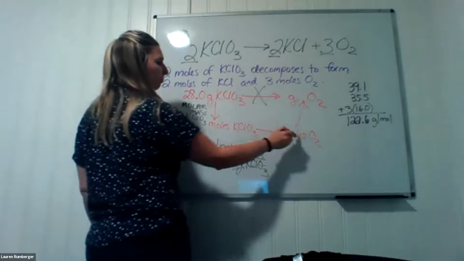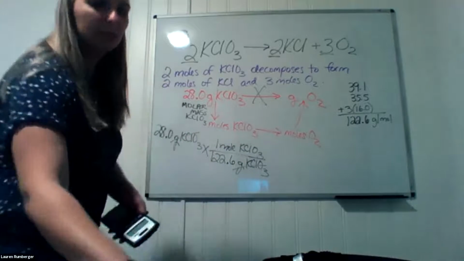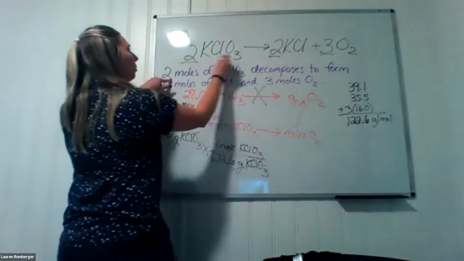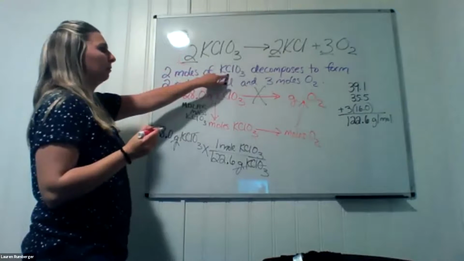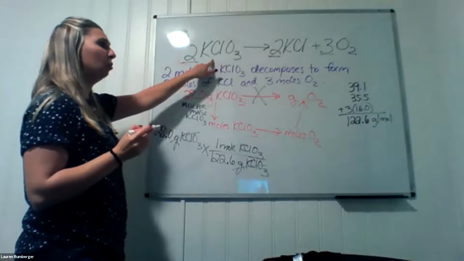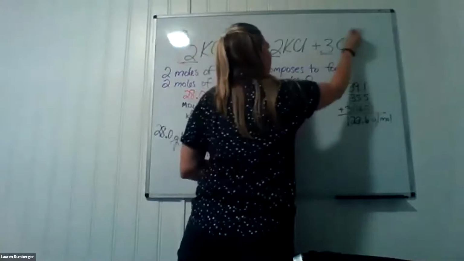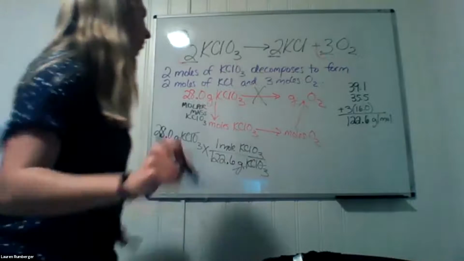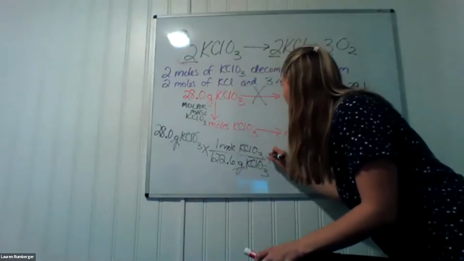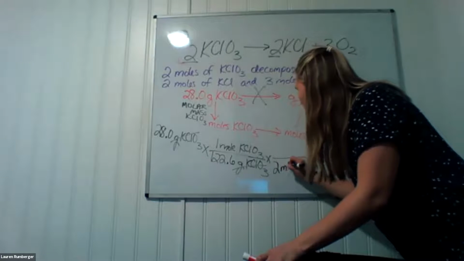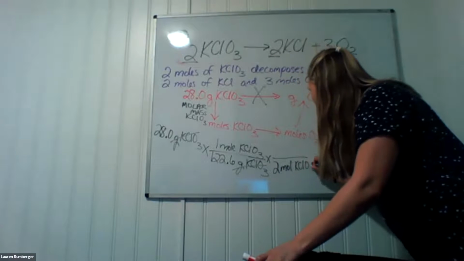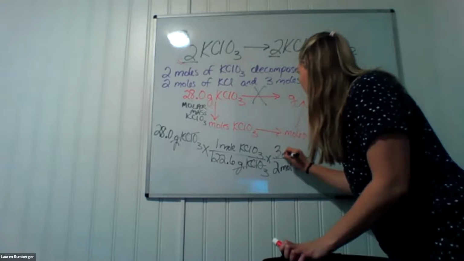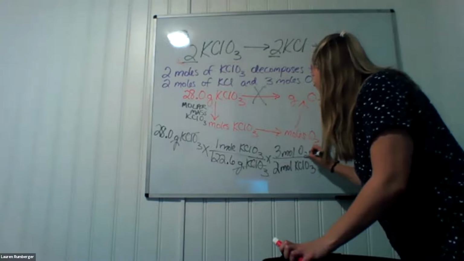We want to convert to moles of oxygen. What is the relationship that's happening here? For every 2 moles of potassium chlorate, KClO3, that decomposes, 3 moles of oxygen is formed. So we're going to put 2 moles of KClO3 on the bottom here, and 3 moles of oxygen on top.